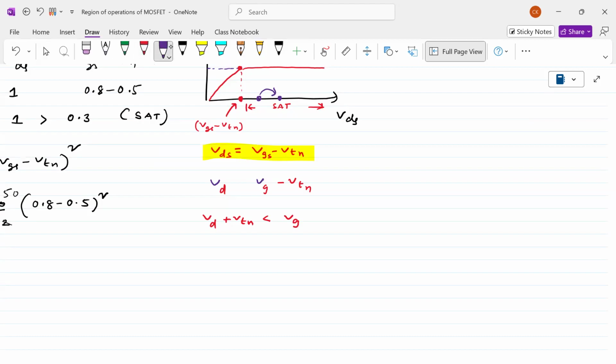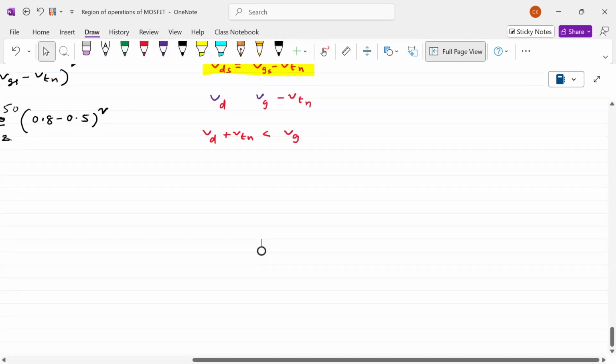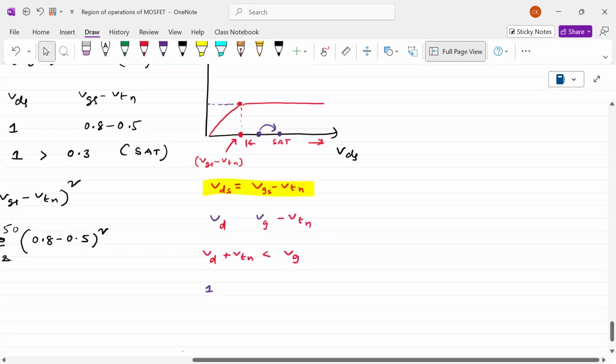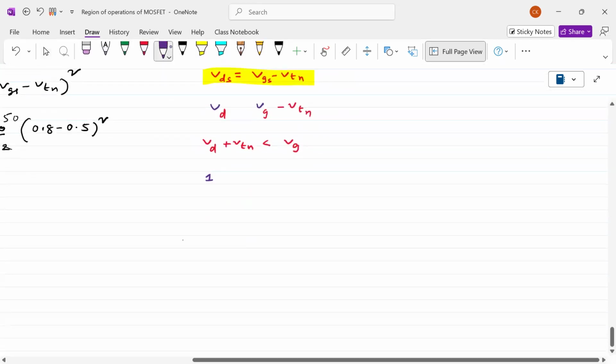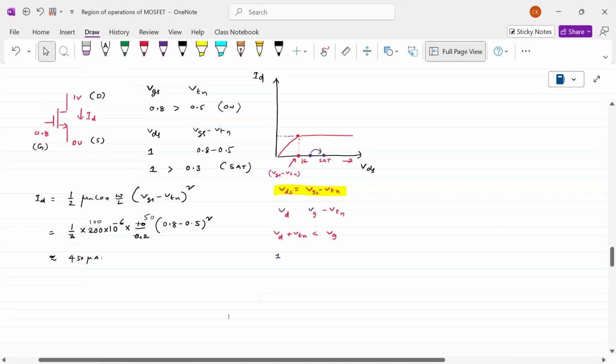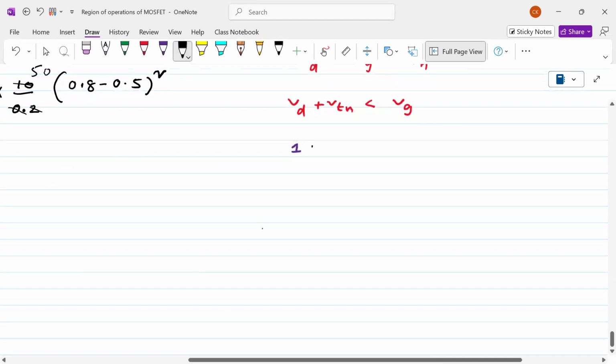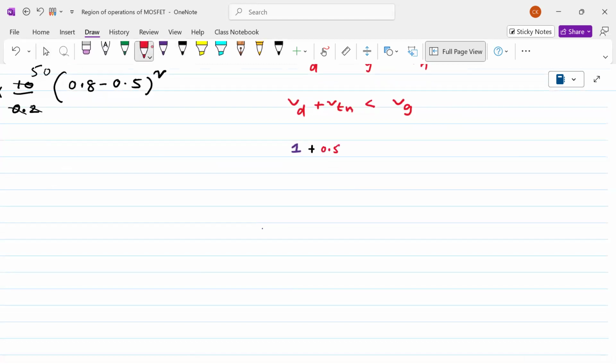So what value do I have to apply now here? What is the drain potential actually here? 1 volt I have mentioned, right? Already in the given example, I have given 1 volt. Drain 1 volt, you just add one threshold, 0.5 volt threshold, to get the gate potential.